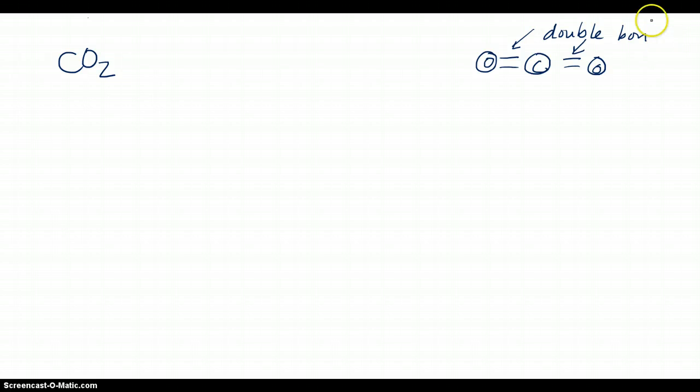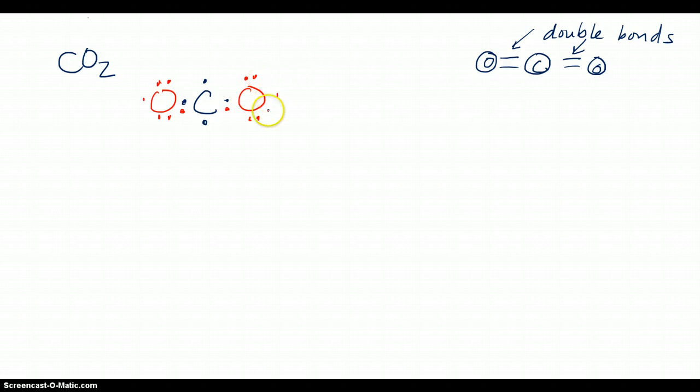Now, what is a double bond? Let's take a look at it as a Lewis structure. So carbon, again, is our central atom, and we're going to now add some oxygens. For oxygen, I know that there are 6 electrons, so I just sort of paint them on there.